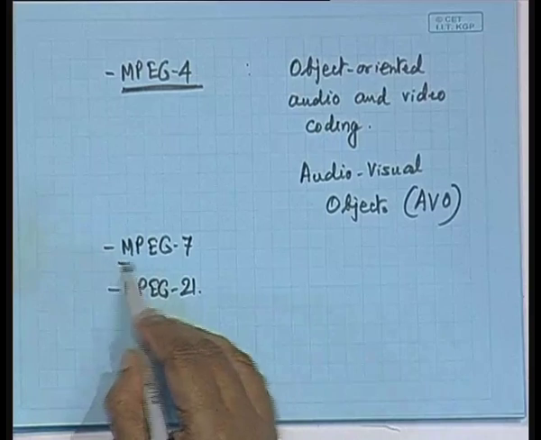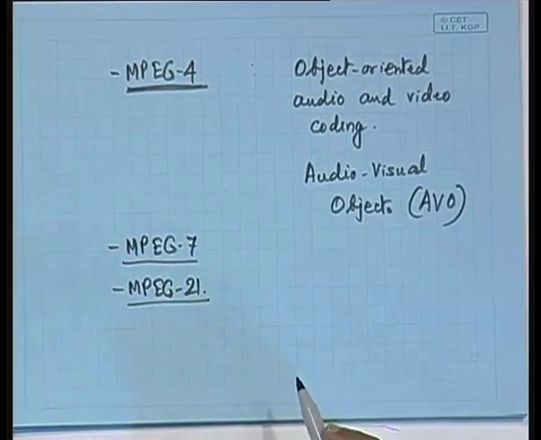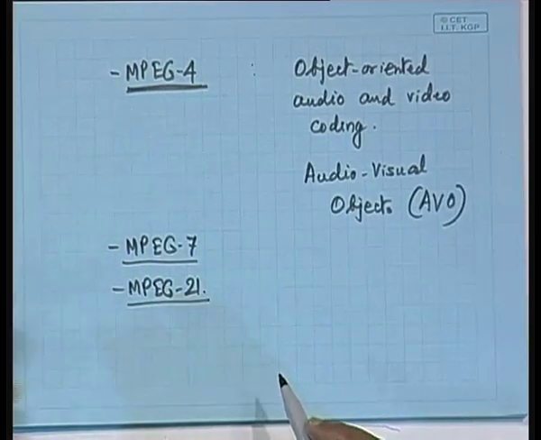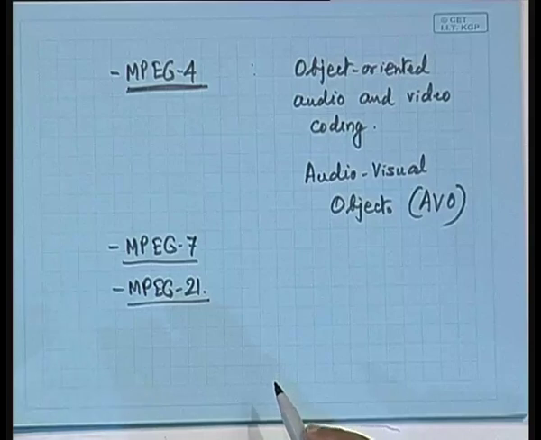In any one of the subsequent lectures, I can make a mention about what MPEG 7 and 21 are going to do. So, for today we stop at this point, and we are going to summarize our conclusion, discuss a little bit about H.264 and summarize our lecture on video coding.